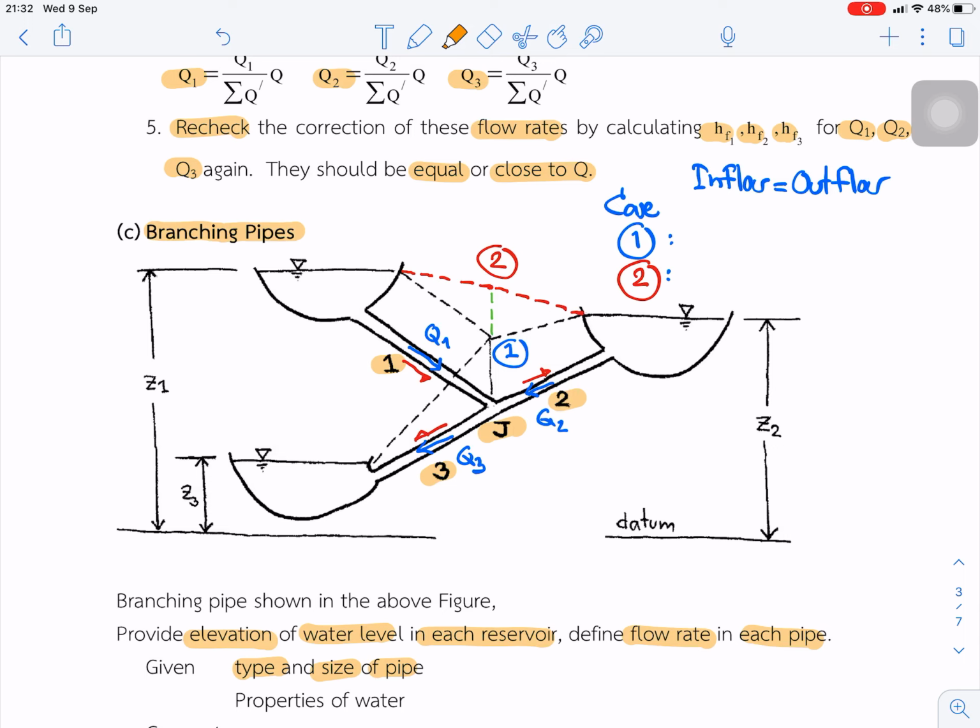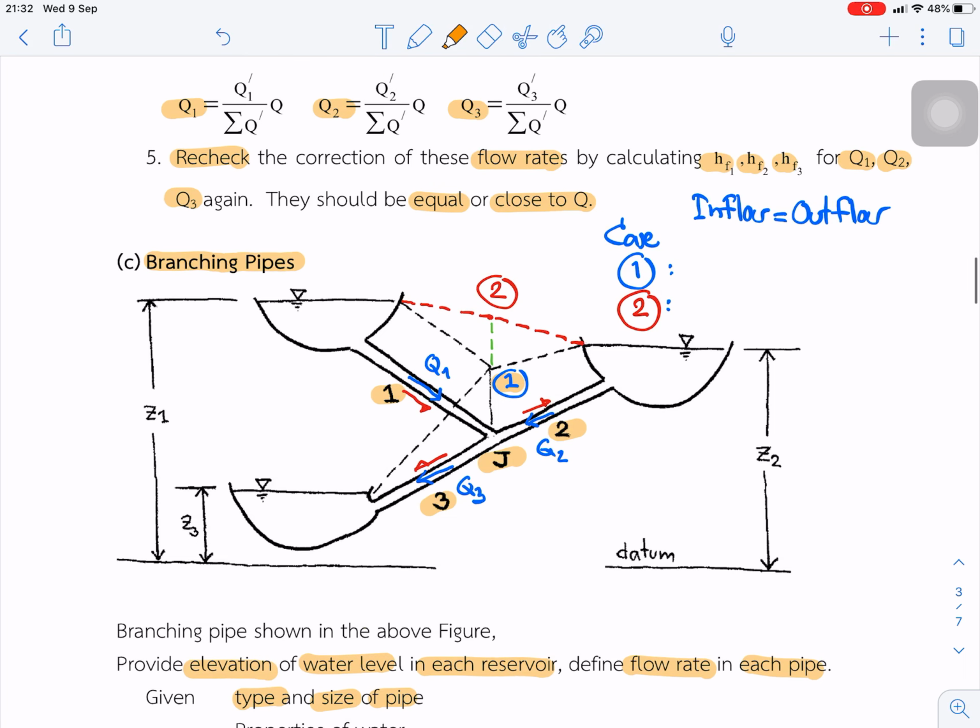For example, assume that in case 1, the elevation of the junction is lower than reservoirs 1 and 2. So we expect that Q1 flows to the junction and Q2 flows to the junction, equal to Q3.